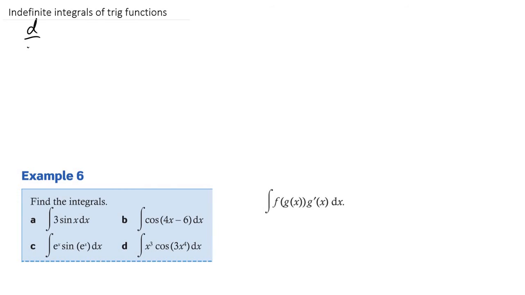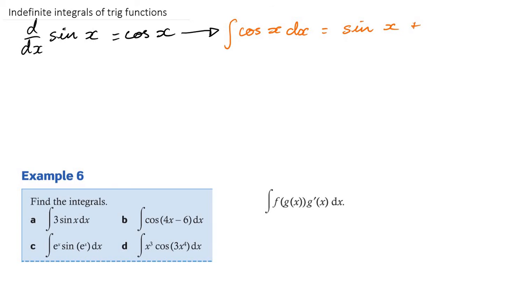We already know that the derivative of sine of x is cos of x. And so from that, it follows that the integral of cos of x would be sine of x plus c, of course.